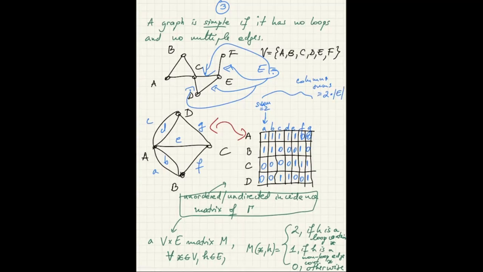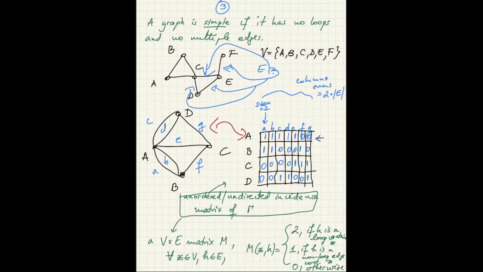Now, in a matrix, when you add up the entries, you can do them column by column, you can do them row by row, you can do them in any direction you like, zigzag if you want. But let's do it row by row now. So if you look at the row of A, what do you see?